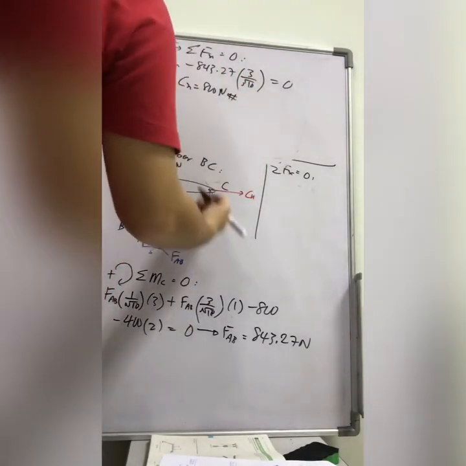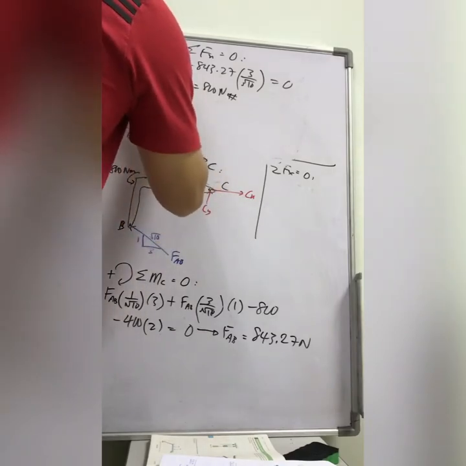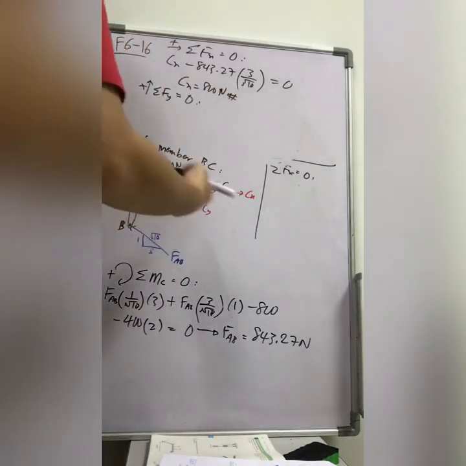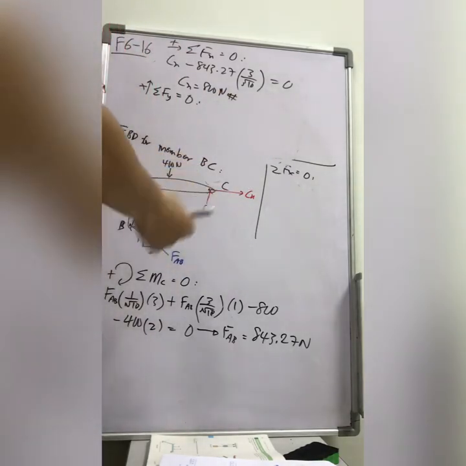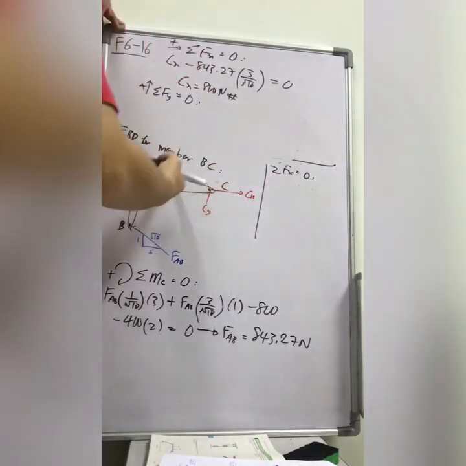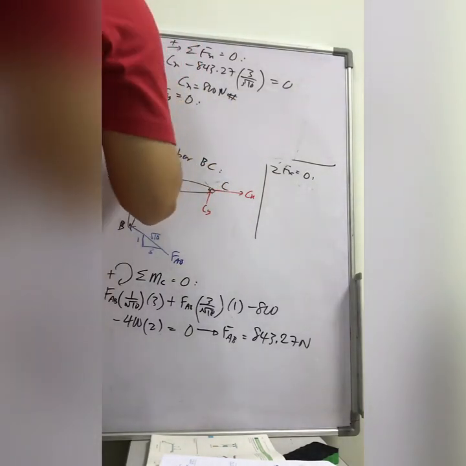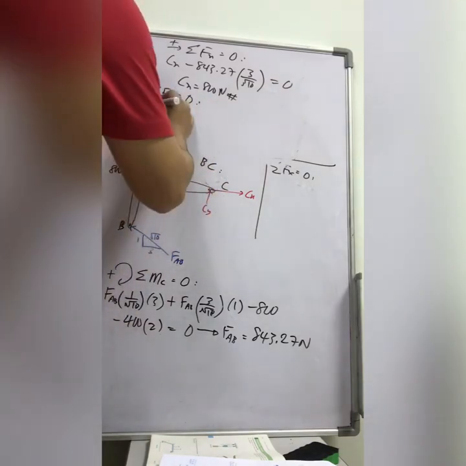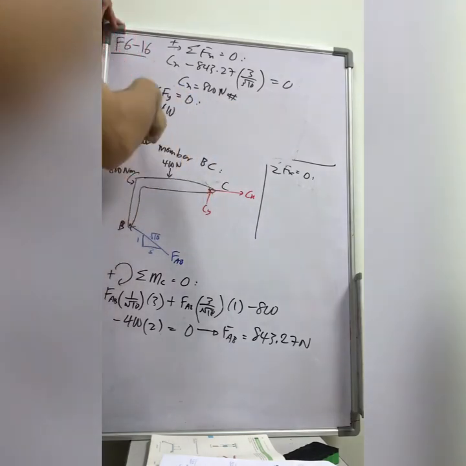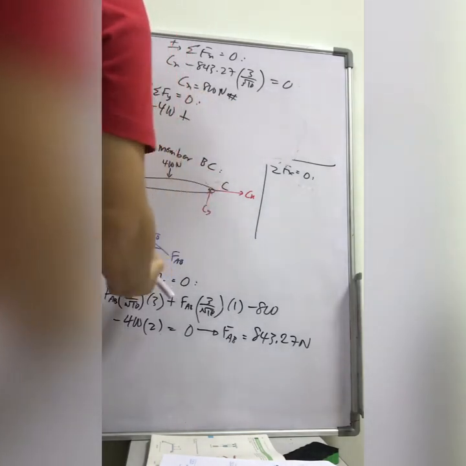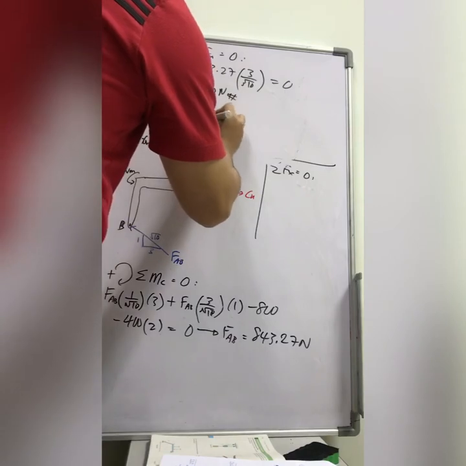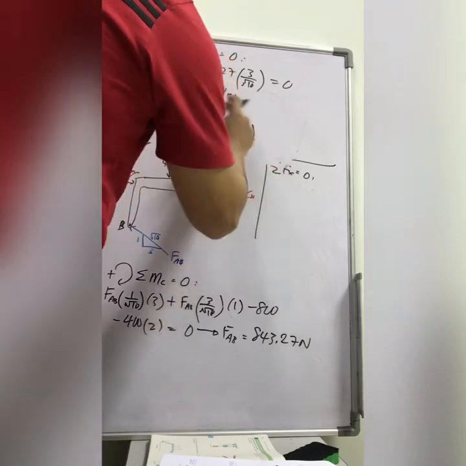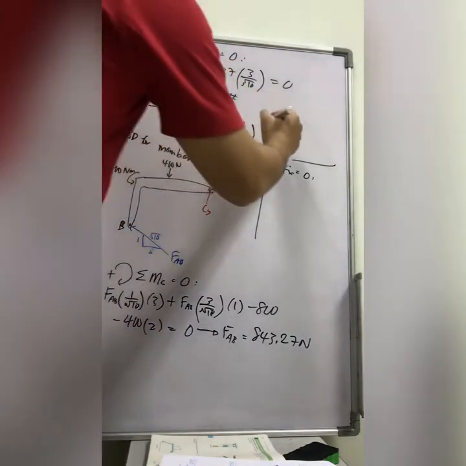And of course, to find Cy, you can do the summation of forces in the y direction equals 0, or if you want, you can do moment about B as well, whatever, it doesn't matter. So you have Cy, because you assume Cy as positive upwards, and then minus 400, and plus FAB, which is 843.27 times 1 over root 10, the vertical component of FAB, equals 0.